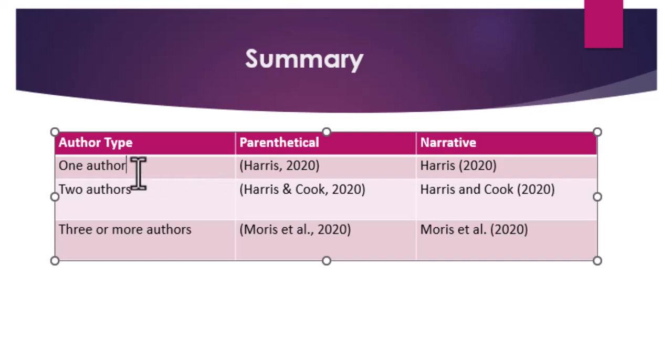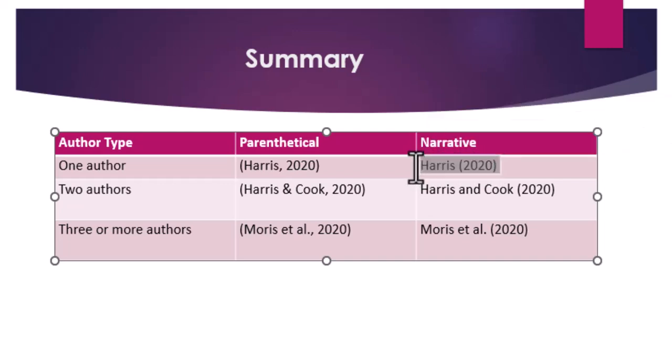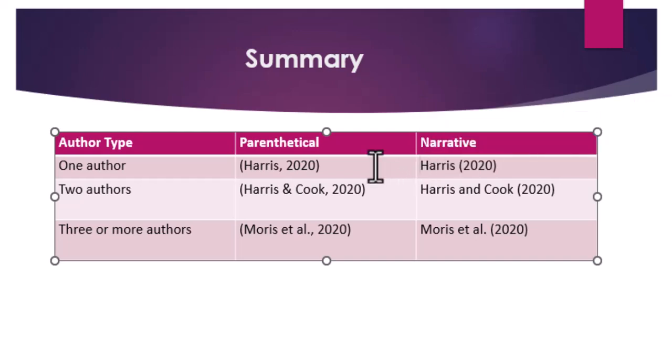If we have one author, or what we call a single author, then we write it like this in a parenthetical citation. Then in narrative we write it like that, meaning this one is in the middle of a sentence. This is at the end of the sentence, parenthetical citation.